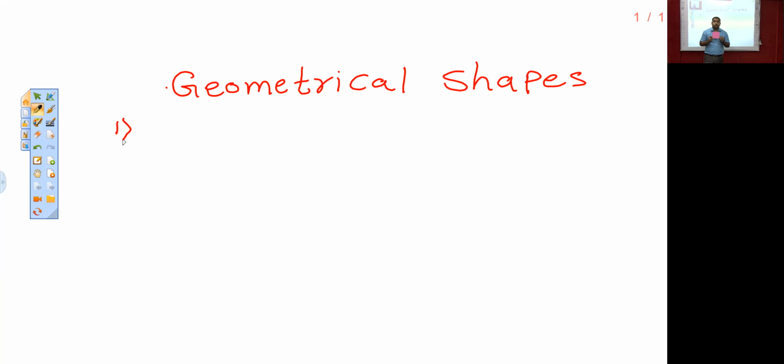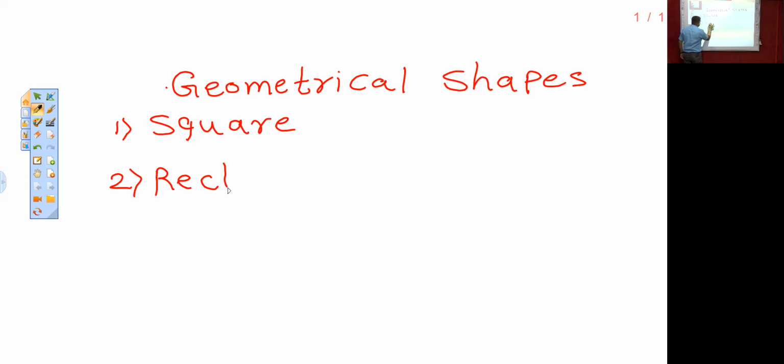First of all, I show you this is the square, as well as the next one is the rectangle. So now I explain about it. First of all, square. Second one is a rectangle, which we learned in a previous class. Now, how is the shape?